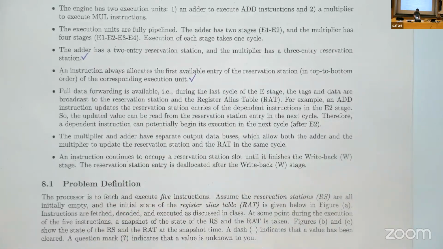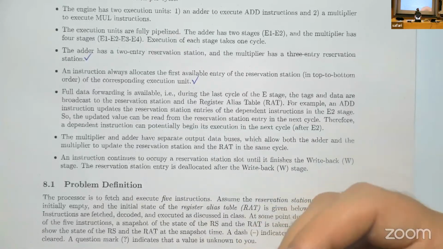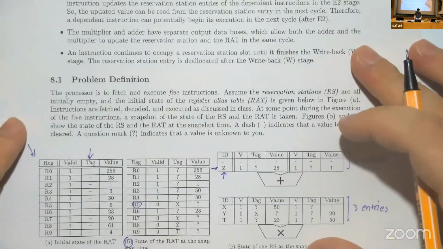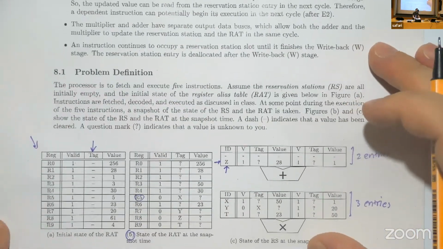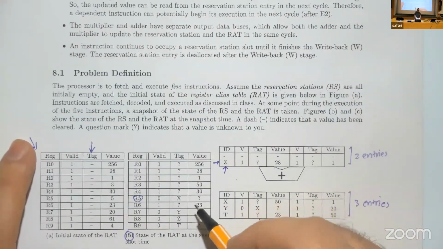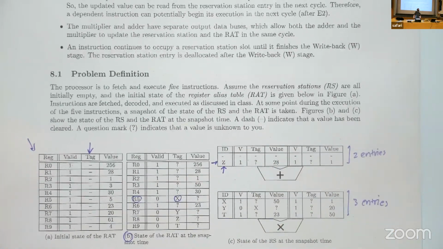So as you can see in image B, some registers have tags. For example, register R5 depends on the tag X. So the tag X is basically the tag that says, whenever we compute the tag X, we will be able to populate R5 again and know its current value.